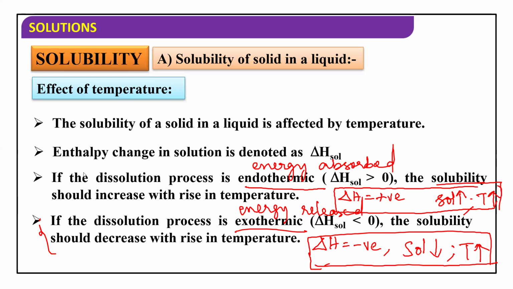When I discuss ideal and non-ideal solutions after completing this topic, you can understand this in a better way. Ideal solutions will have delta H 0, where the change in enthalpy value will be 0, means the initial and final point will be the same. That is applicable for ideal solutions, but all these things are for non-ideal solutions.